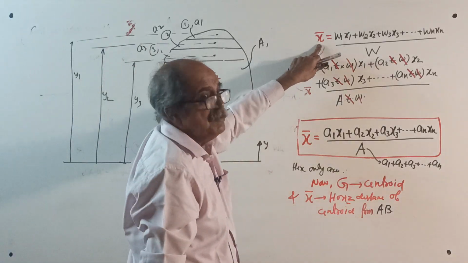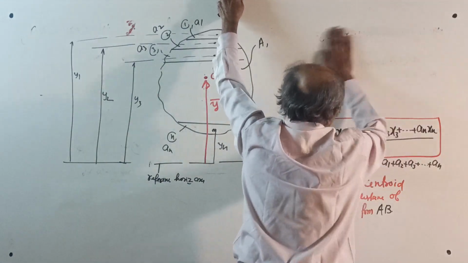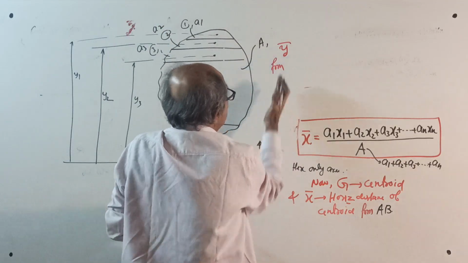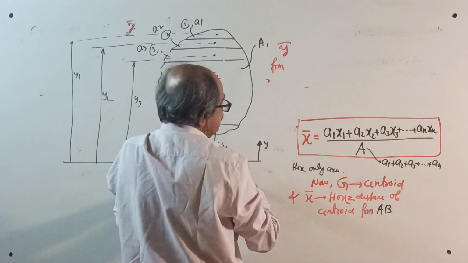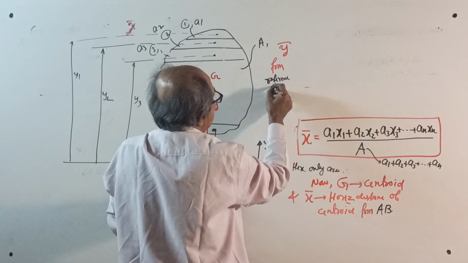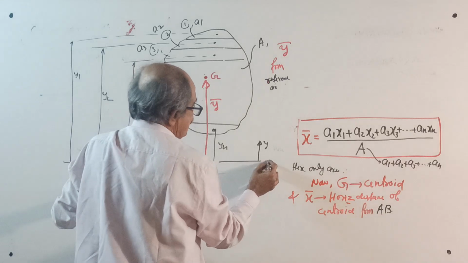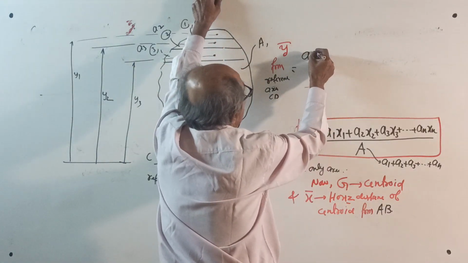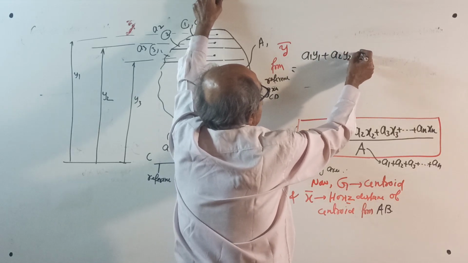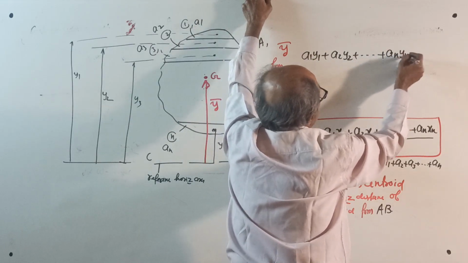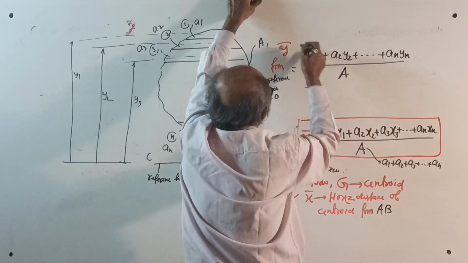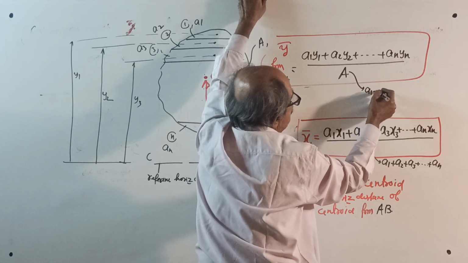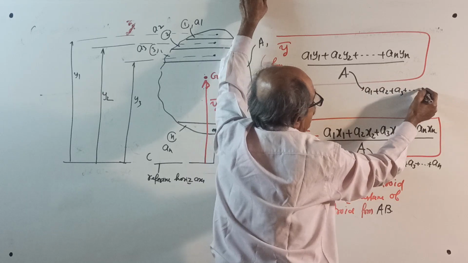Then Y bar equals, measured from the reference axis, I will call it CD, the same formula: A1Y1 plus A2Y2, etc., up to ANYN, divided by total area A, where total area A is A1 plus A2 plus A3, etc., up to AN.